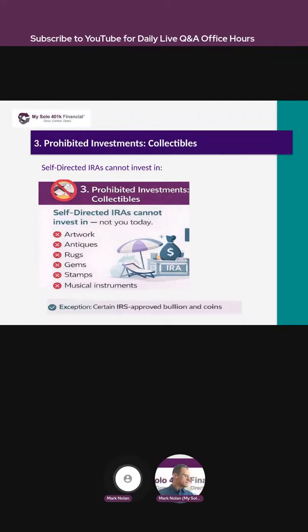Other types of prohibited collectibles inside a self-directed solo 401k would be gems. So whether we're talking about diamonds or emeralds, whether you took a nice trip down to Colombia and visited a gem mine and now you want to buy some gems, you cannot do that. You cannot purchase those gems with self-directed IRAs or solo 401k plans. Same thing with stamps and musical instruments. And of course, alcoholic beverages such as wine and liquor, those are all disallowed.